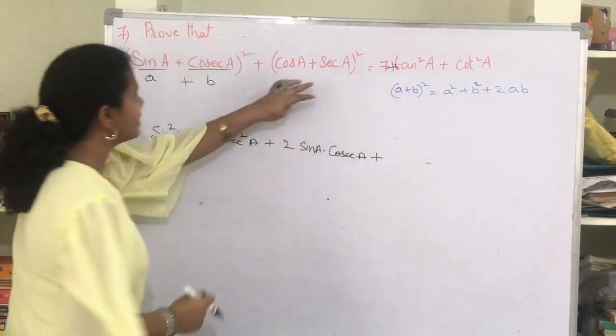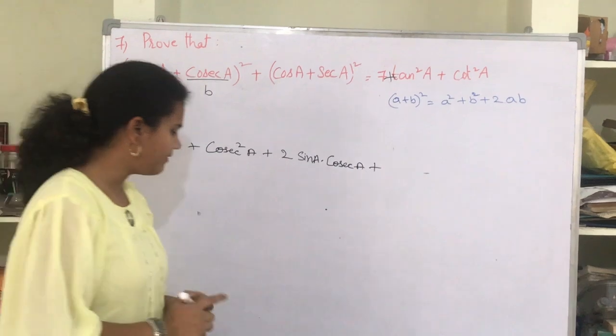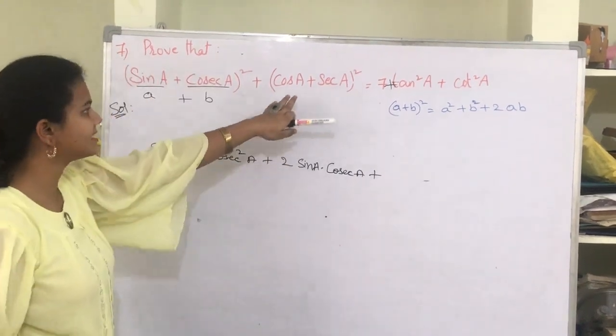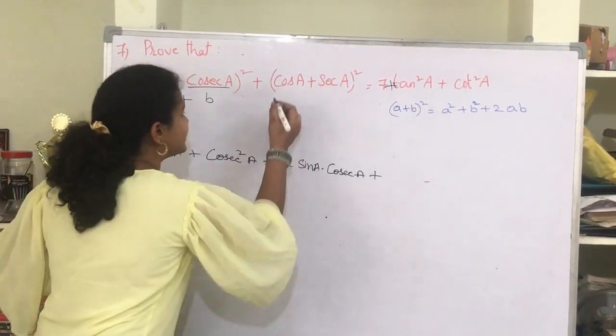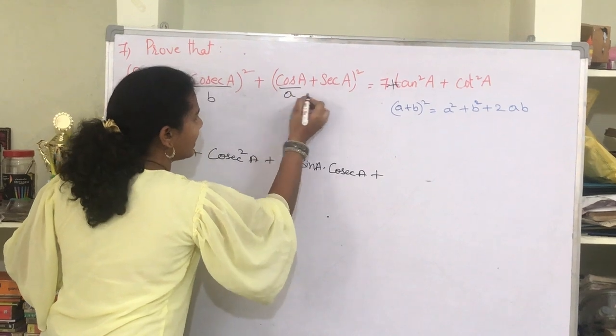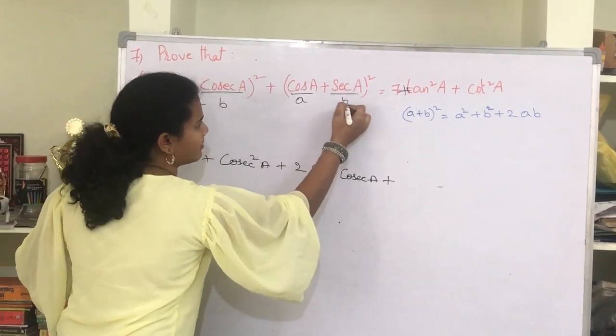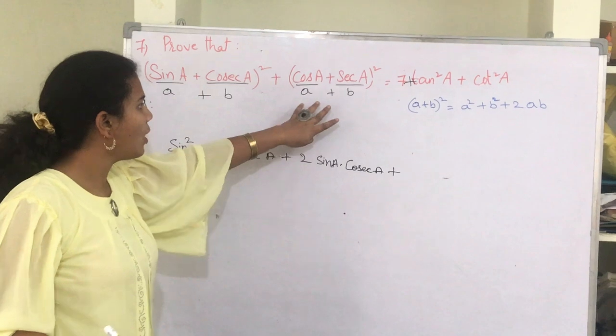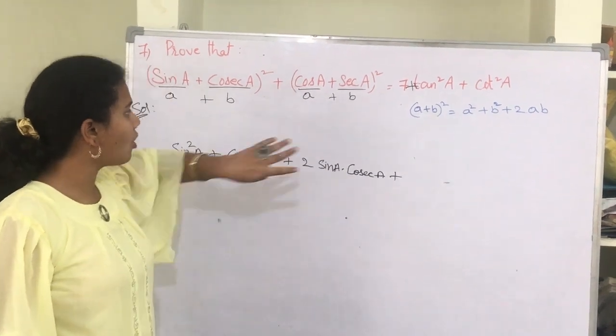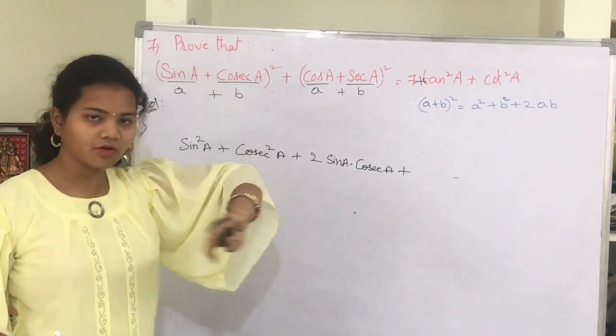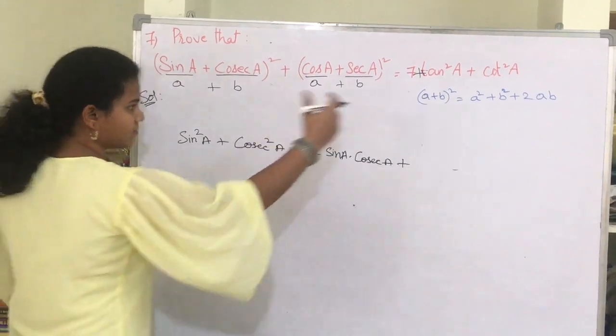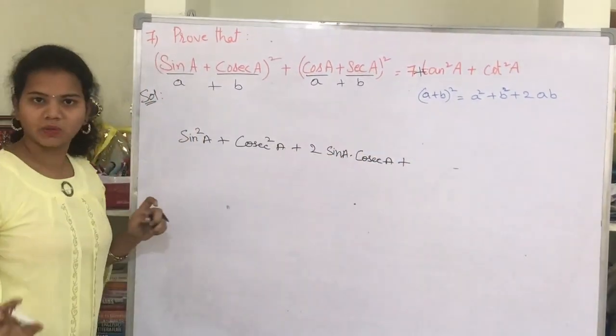Plus, now look at the other side where you have (cos A + secant A) whole square. Now consider cos A as A and secant A as B. We again have (A + B) whole square, which is A square plus B square plus 2AB.